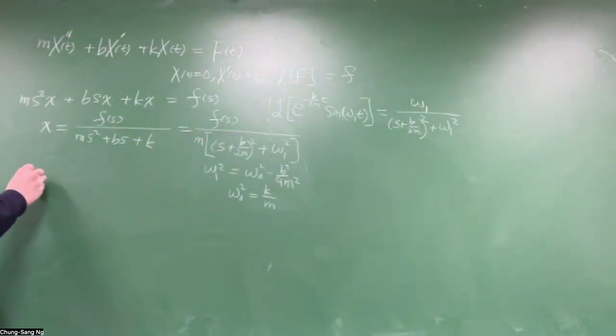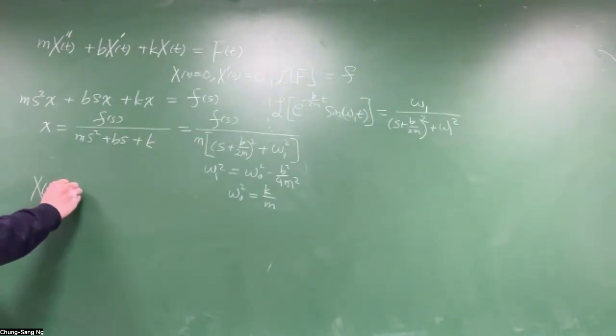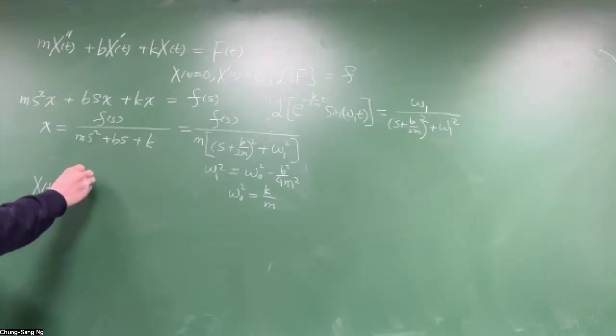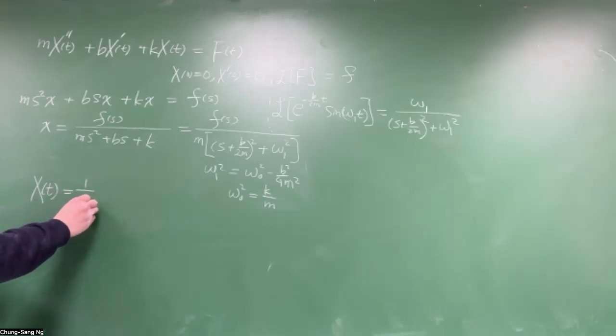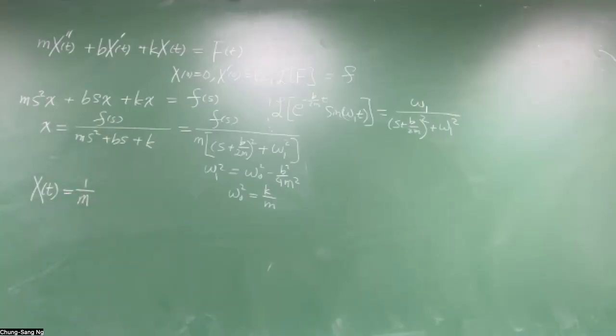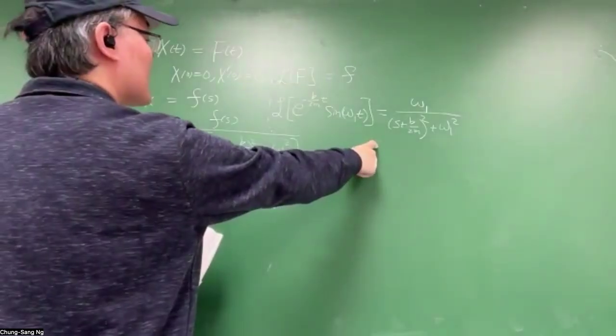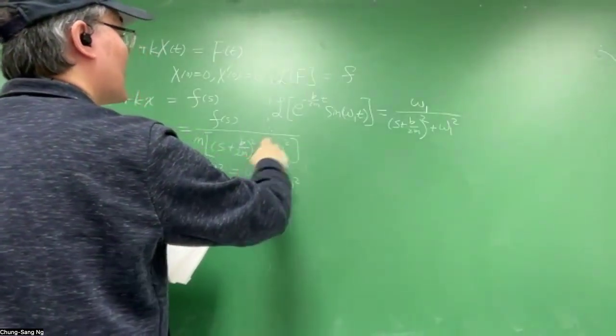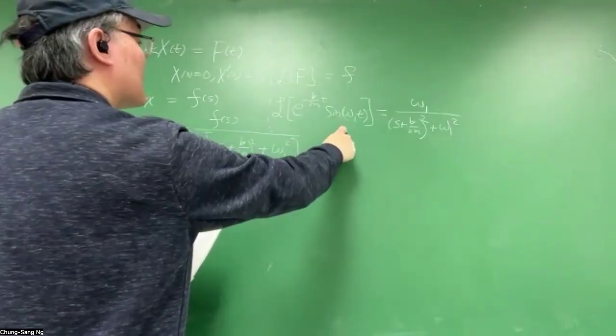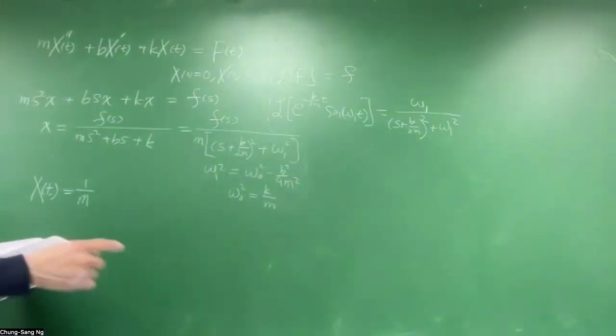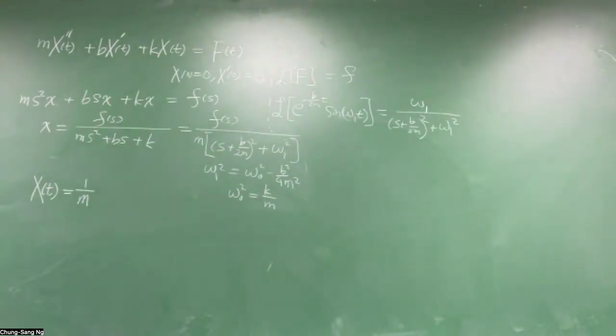So x(t) would be, you have the 1 over m function. I was thinking about this convolution between.